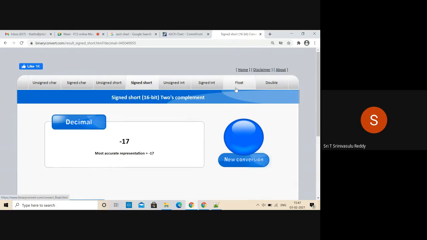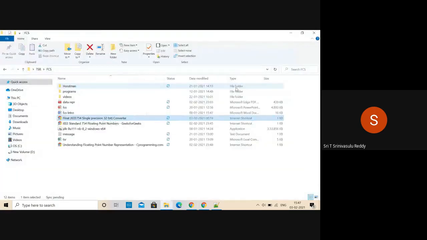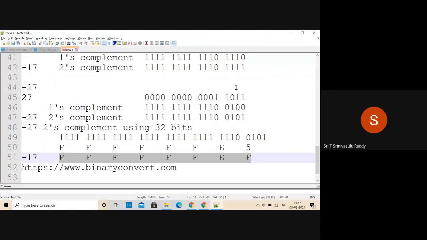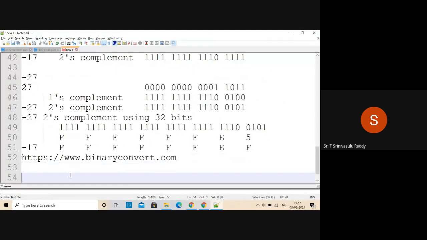The next is, how do you represent real numbers? So far, we know now how to represent characters by using ASCII notation, and how to represent integer values by using 2's complement notation.